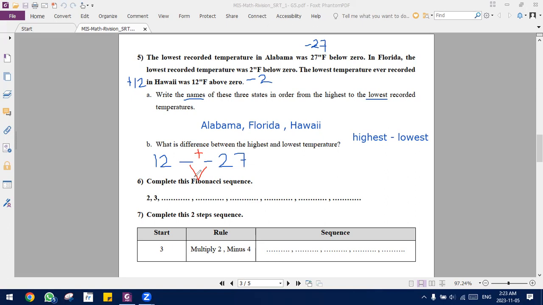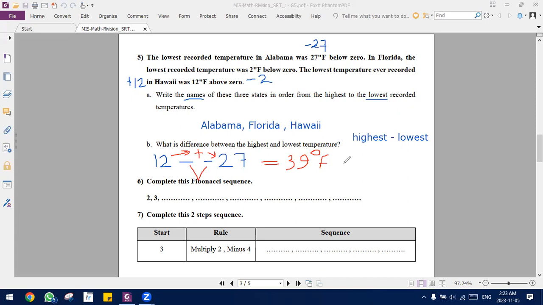So now, how do I read the question? Now it's 12 plus 27. So we use the new sign. So it's 12 plus 27. We do 2 plus 7 is 9. 1 plus 2 is 3. So it's 39 degrees Fahrenheit.